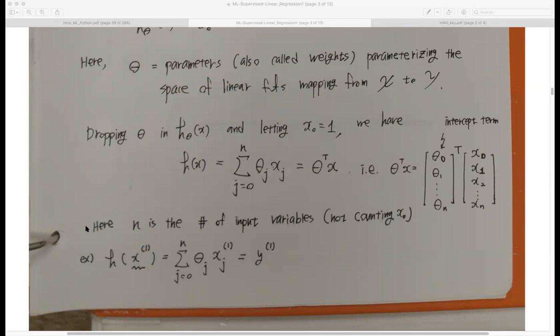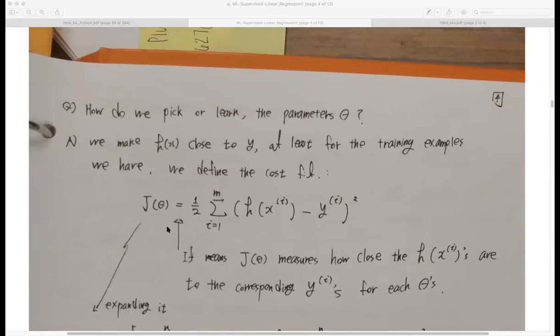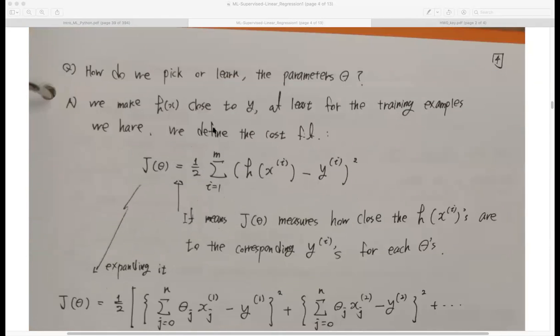Okay, so next, how do we pick or learn the parameter theta? Finding the optimal parameter theta is called learning the parameter, or learning the hypothesis. We make h of x close to y for the training examples.